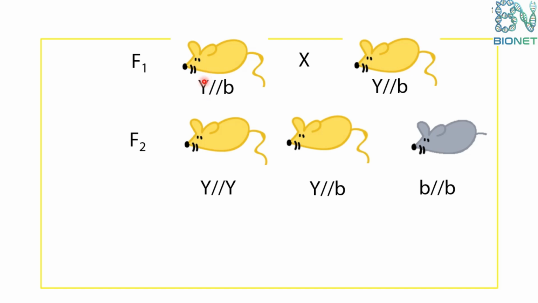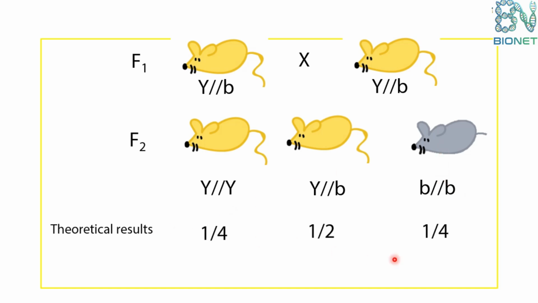Y from the first parent with B from the second parent, or Y from the second parent with B from the first parent, will give a mouse of genotype YB, and this mouse will have the color yellow. B from the first parent with B from the second parent, or vice versa, will give a mouse having the genotype BB, and the color will be black.